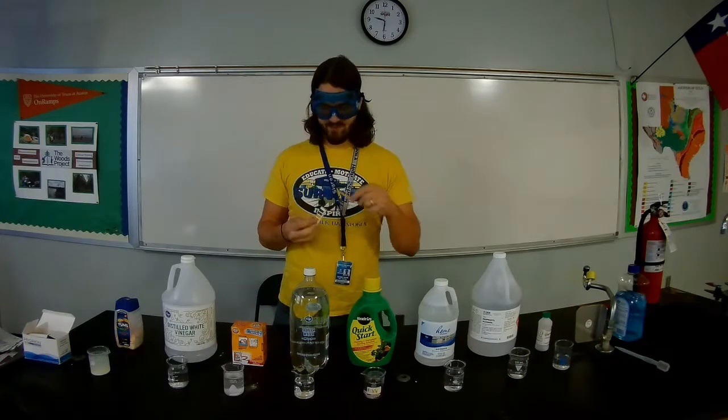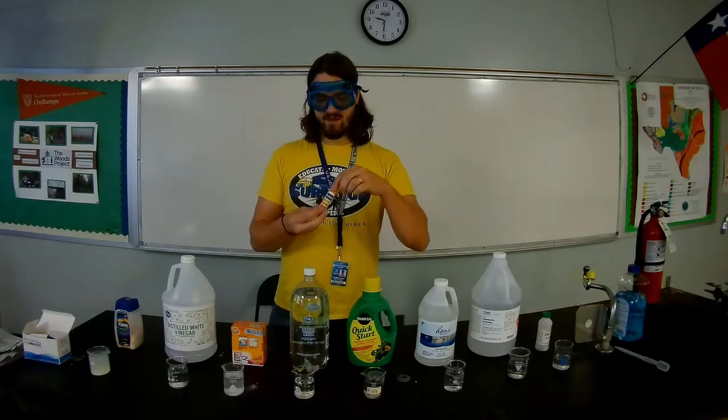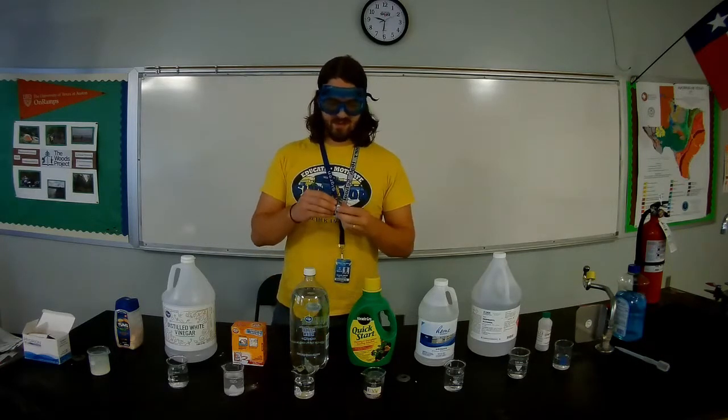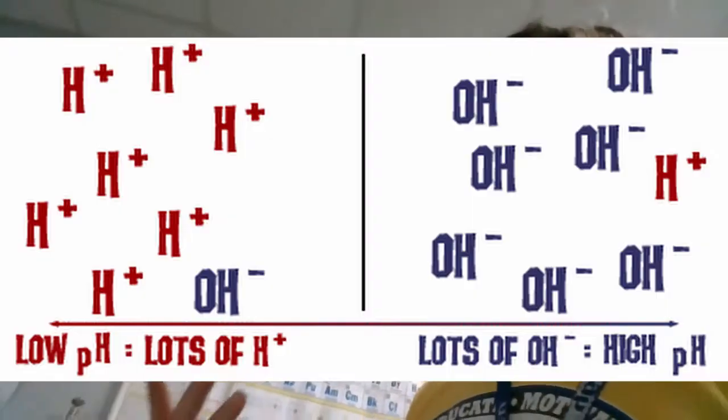So we'll do that. First, let's just go through all the chemicals that we have and see if we can make some educated guesses or hypotheses about whether or not they might be acids or bases. All right. So when you're talking about trying to make a prediction of something, if something might be an acid or a base, it's important to kind of be reminded of what makes an acid or a base an acid or a base.